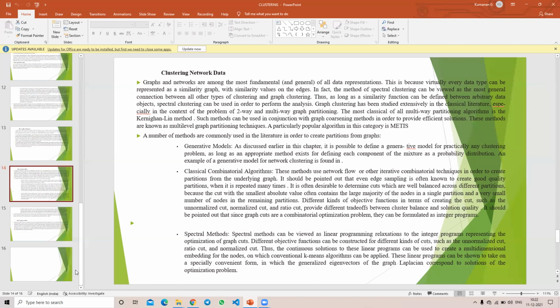Thus, the continuous solution to these linear programs can be used to create a multi-dimensional embedding for the nodes on which the conventional k-means algorithm can be applied. These linear programs can be shown to take an especially convenient form in which the generalized eigenvectors of the graph Laplacian correspond to solutions of the optimization problems.